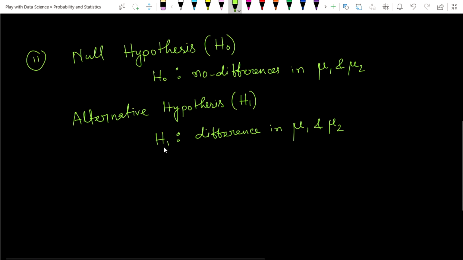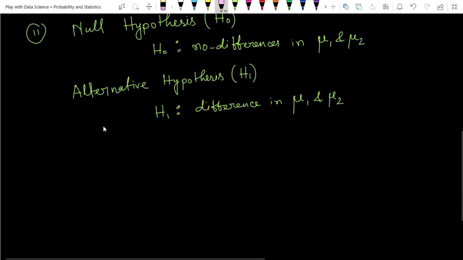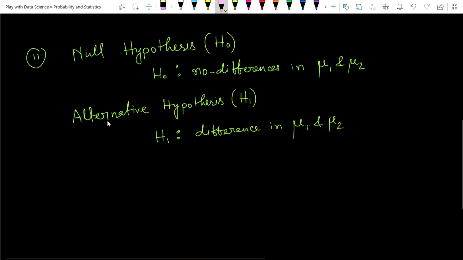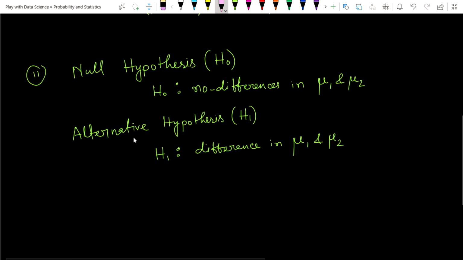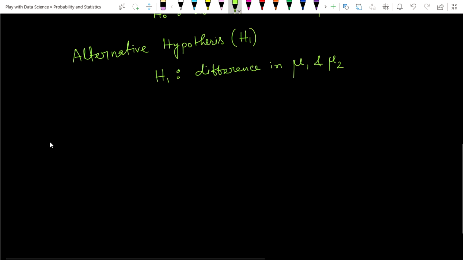Now let's try to apply these two hypotheses in our calculation. We will prove these things by proof by contradiction. After that we have to calculate the p value.